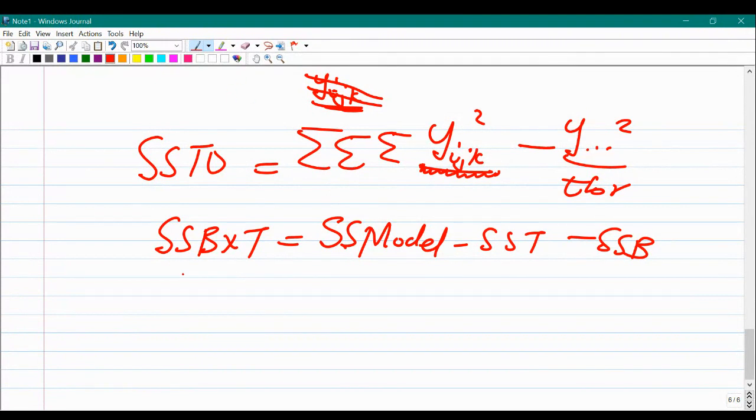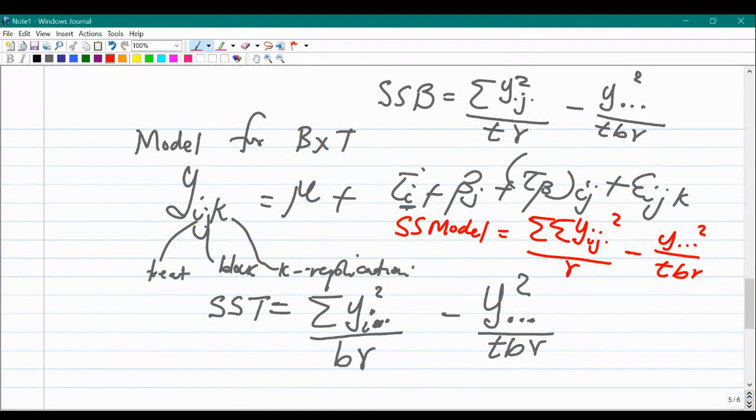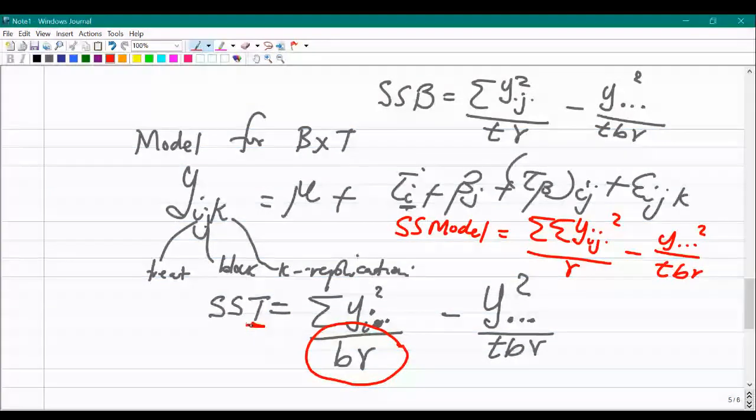So you see, guys, the formulas, let me go back to this one. This part, we are going to divide by what? When you do pairwise comparison, when you deal with the treatment, you are going to divide by BR.